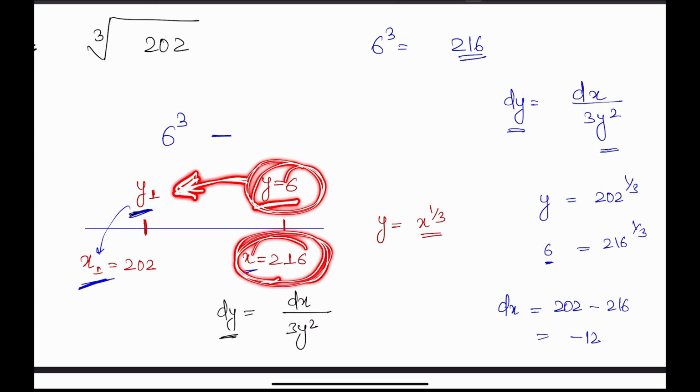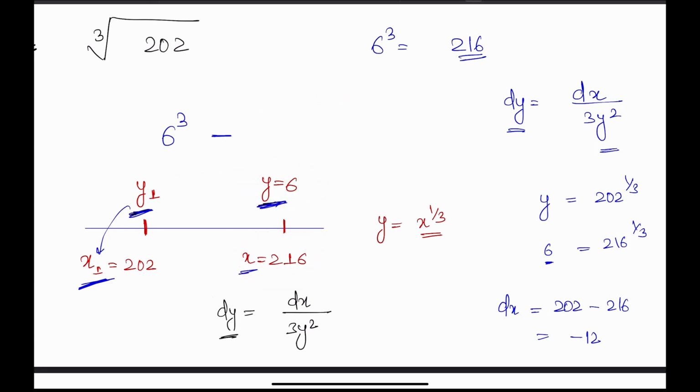Then it will be minus the decimal point from the first value, 6. And if it's more, then there will be plus the decimal point.